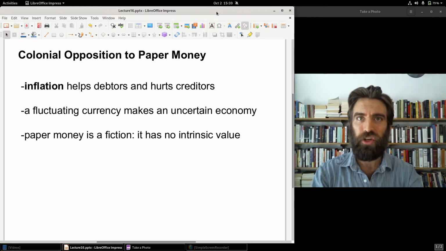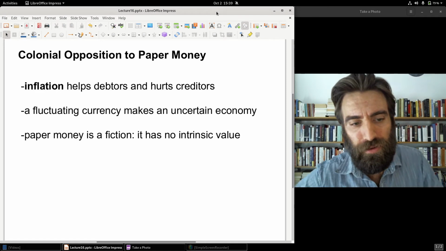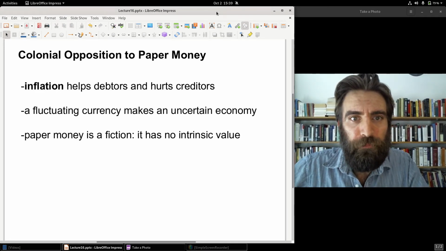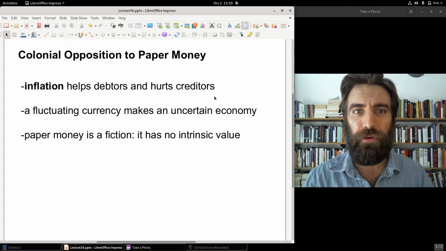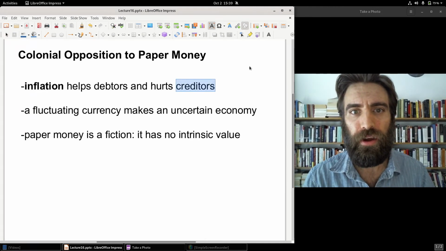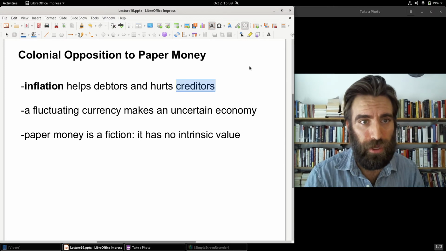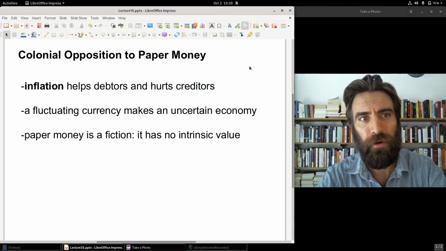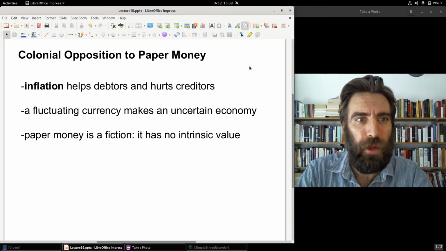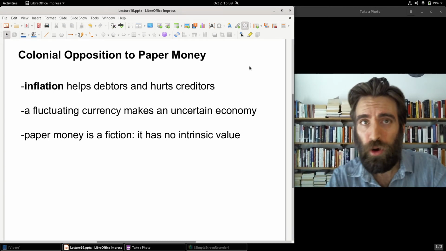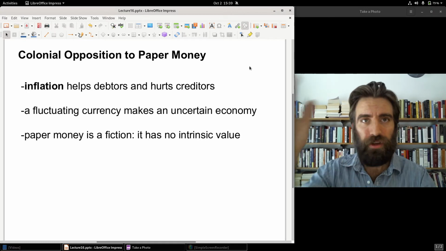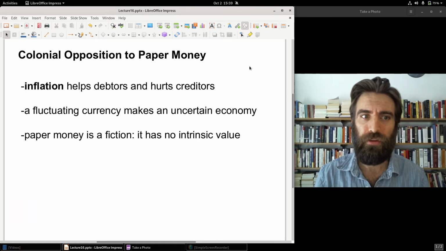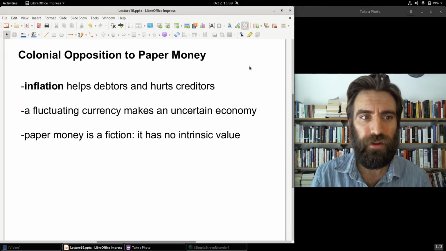And so creditors in particular, in colonies that had adopted a more reckless paper currency, were severely, vehemently opposed to much of this paper money. Also, currency exchange rates fluctuated, sometimes very wildly, and a fluctuating currency can make for a very uncertain economy.